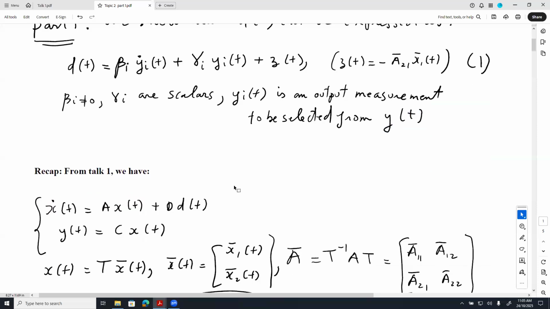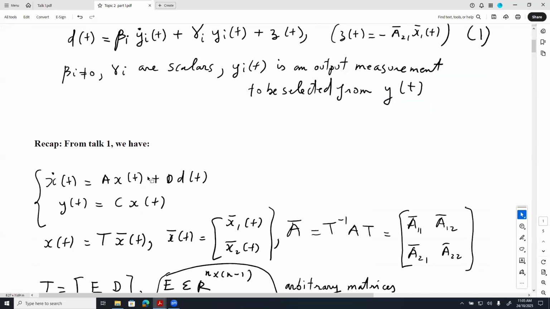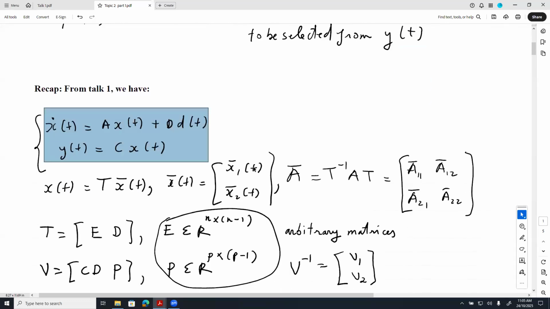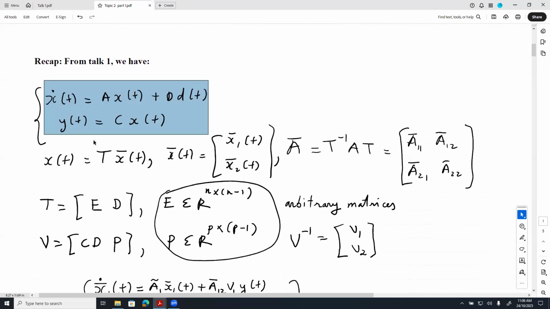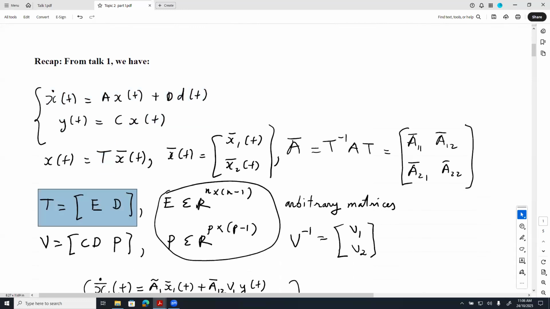So let us first recap from talk 1, where we consider a linear system with an unknown input. According to the matrix decomposition technique by Hou and Muller, we introduce an invertible stack transformation matrix T of this form, where E is an arbitrary matrix, selected as long as T is invertible.